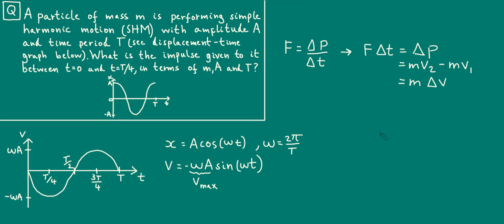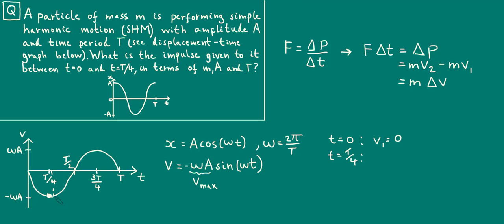So to work out the change in velocity, we just need to figure out what's the initial velocity at t equals 0. Well, from the graph, that's just 0. So v1, the initial velocity, is equal to 0. The velocity at a quarter of a time period, well, that's just here.